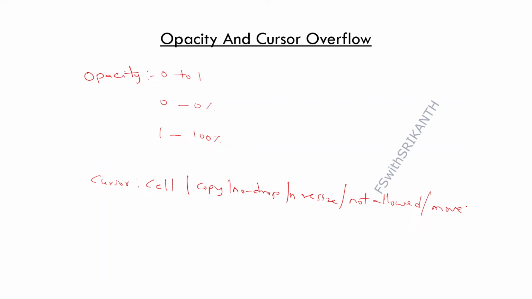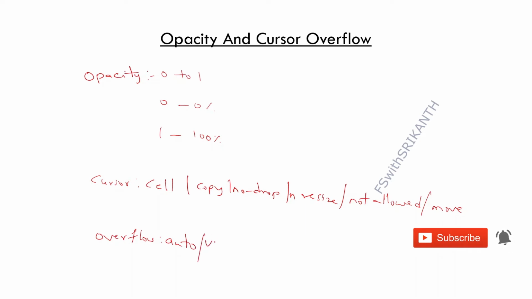And there is one more property, that is overflow. This is the most important property; in real time we use overflow in most cases. With the help of overflow we can create a scroll bar, or we can ignore the scroll bar and make the content outside of the element's height and width visible. Overflow by default is auto, which automatically generates a scroll bar.